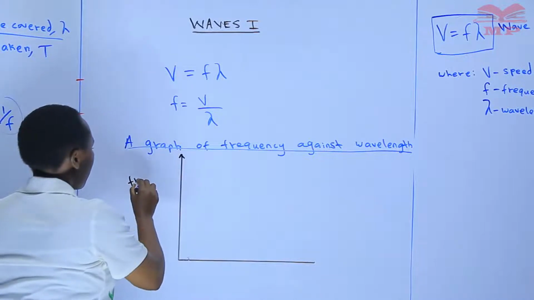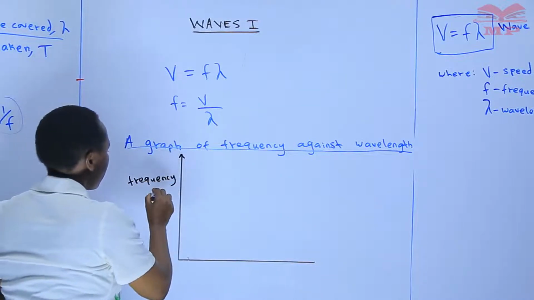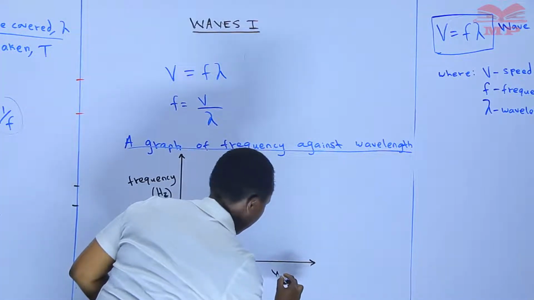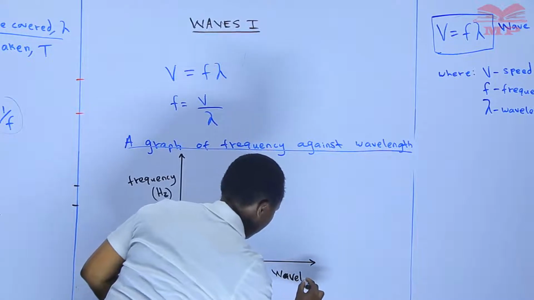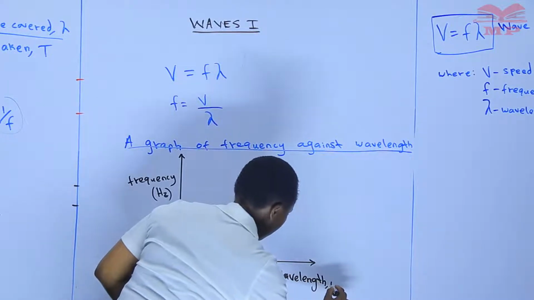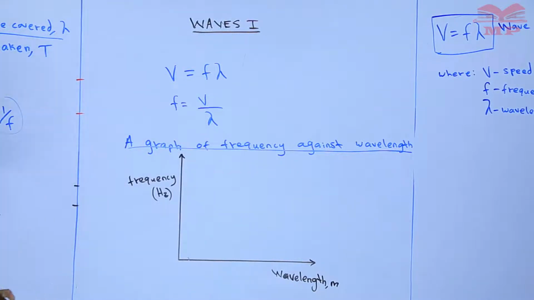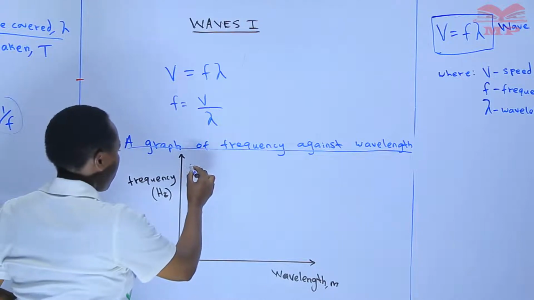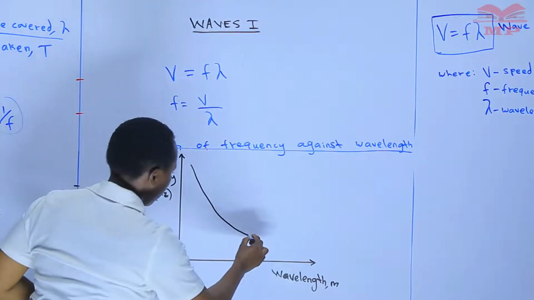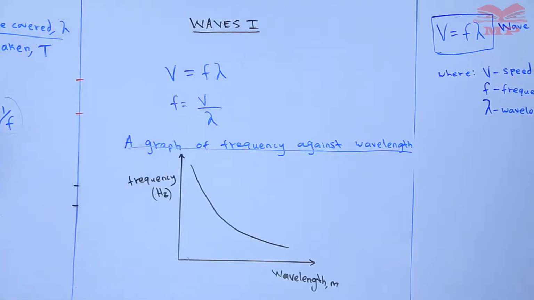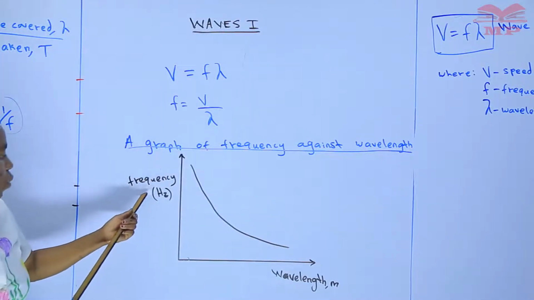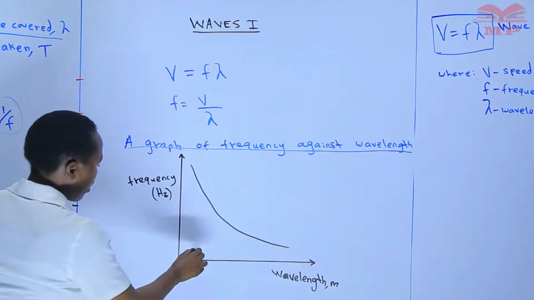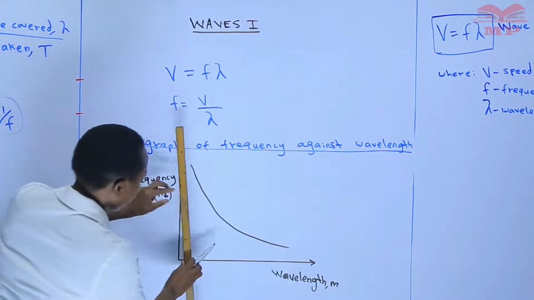On this side we have our frequency in hertz. Then on the x-axis we have wavelength in meters. So we are saying an increase in one will lead to a decrease in the other, and therefore we are going to have our curve like this. So that is the plot for frequency against wavelength.